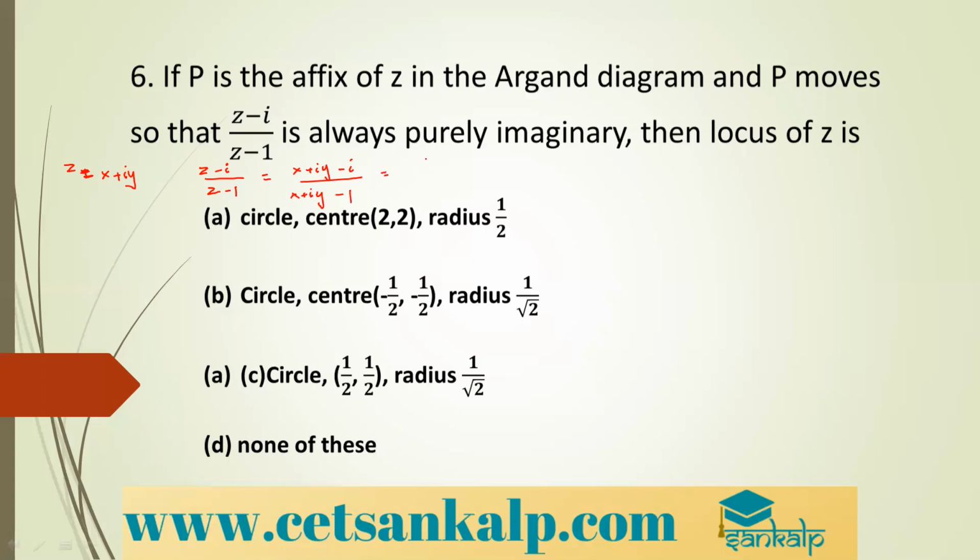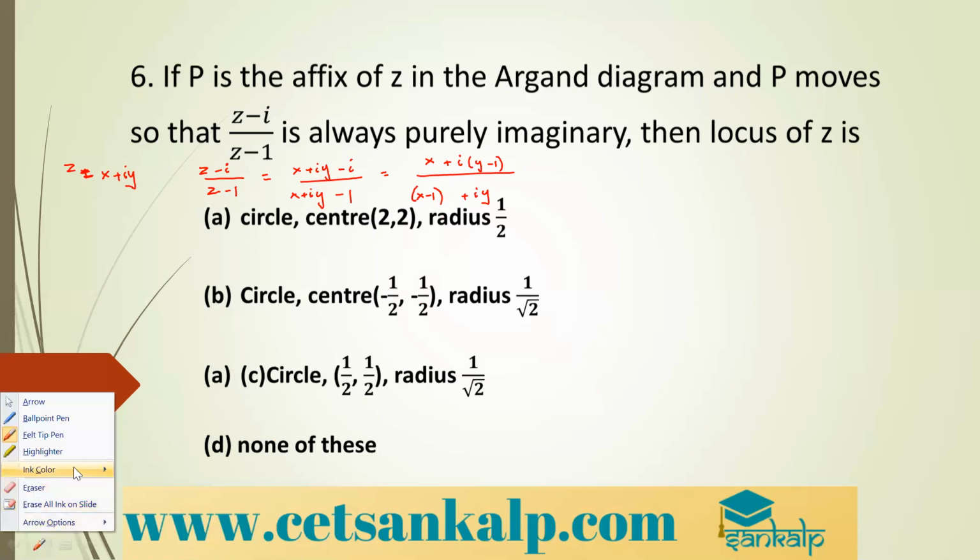So in the numerator, x is the real part and i into y minus 1 is the imaginary part. In the denominator, x minus 1 is the real part and iy is the imaginary part. So this is just like a division problem, and for division problems, I gave you a shortcut method.